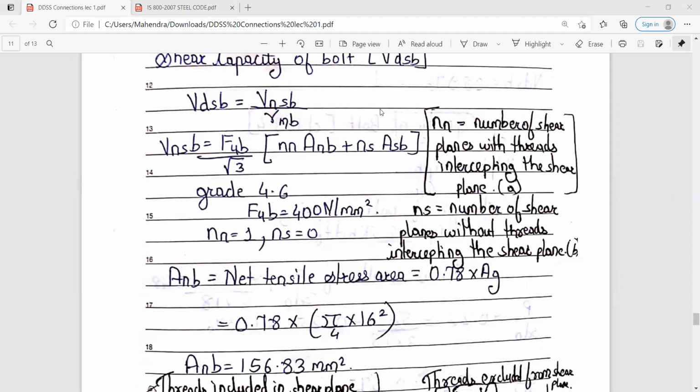So the area of the bolt you need to calculate by pi by 4 into d square, that is pi by 4 into the diameter of the bolt, which is 16. So pi by 4 into 16 square, you will get the value for A and B. And A and B is your net total tensile stress.